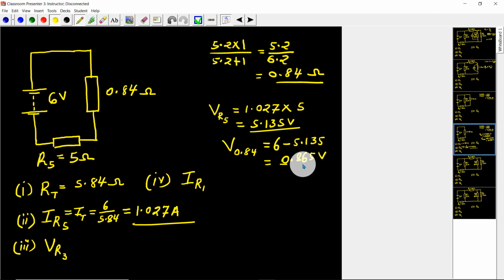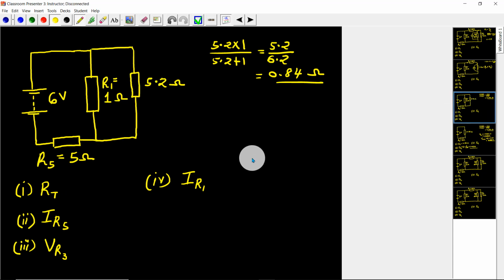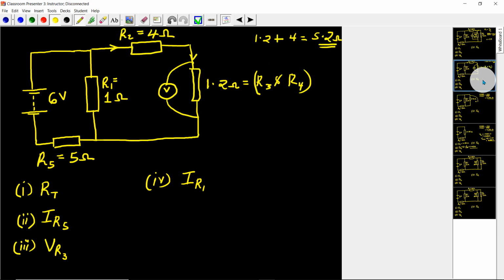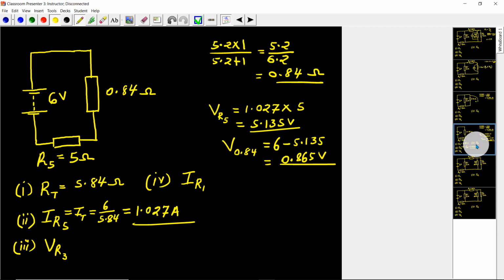0.865 volts. Now, if I work backwards, the 0.865 is equal to the voltage across the 1 ohm resistor here. It is also equal to the voltage across this whole connection, from here to here. Sorry for that, I've just lost it.